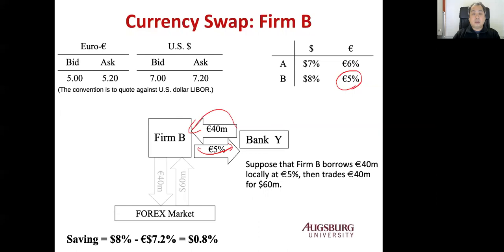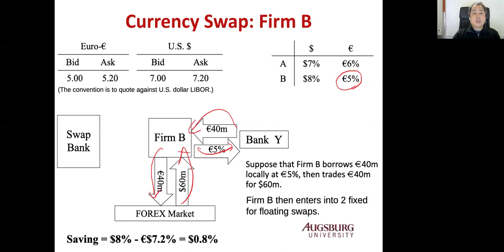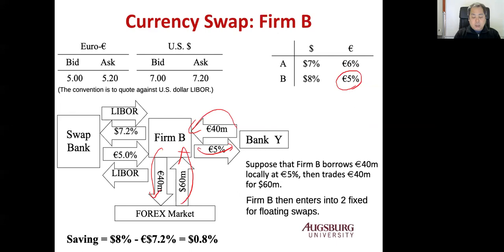What they can do now is exchange these 40 million euro to $60 million and then go to the swap market like this. They pay LIBOR and receive the euro bid price, and they pay a fixed 7.2% ask price of dollar and receive euro.